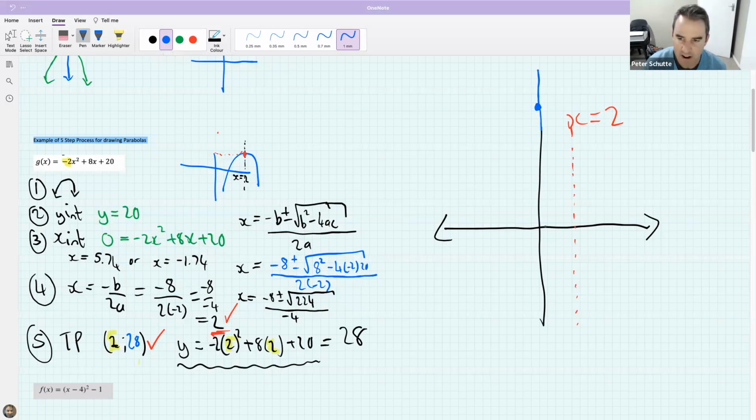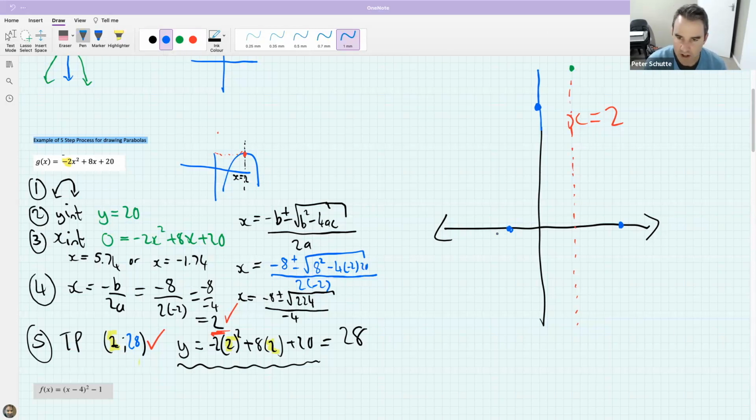And then we have 5.74, which is probably somewhere around here. And then I have minus 1.74, which is probably somewhere around here. And then the turning point is at 28, so it has to be even higher up here.